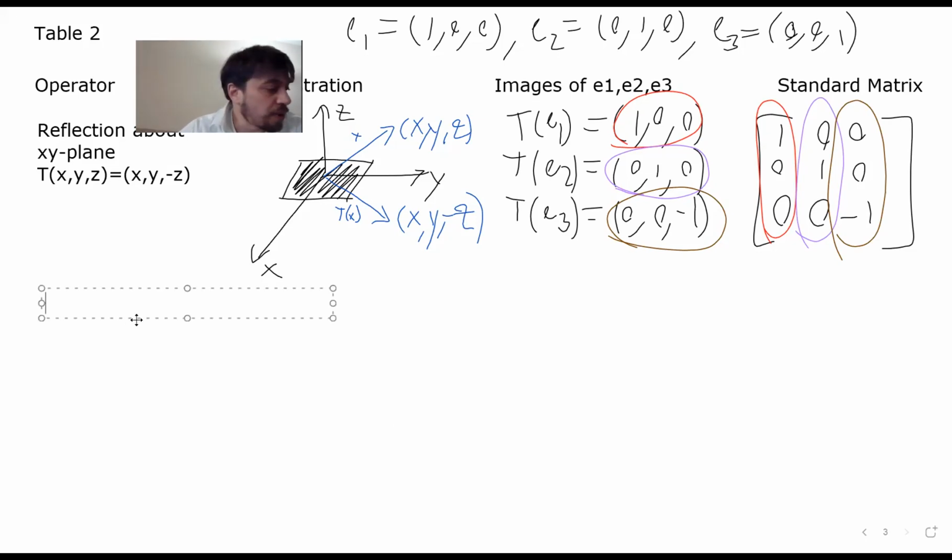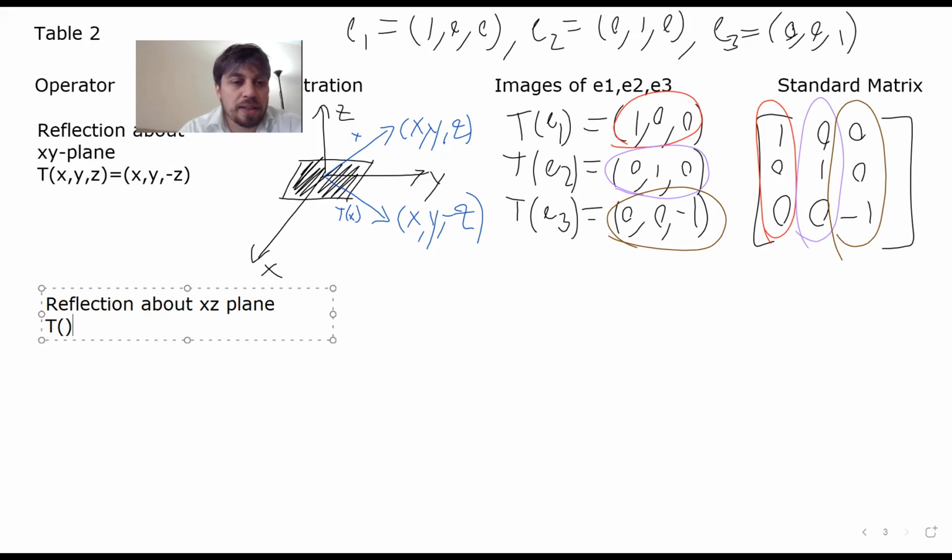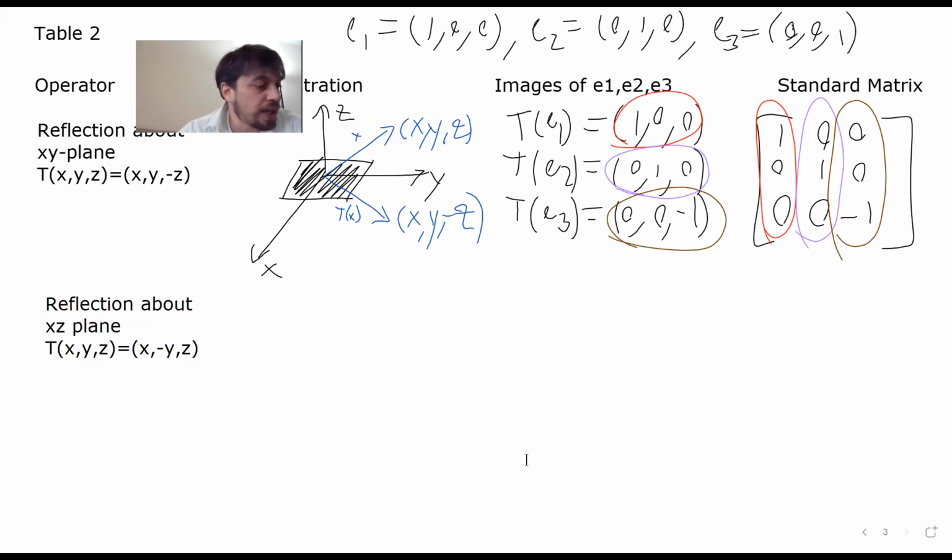Okay, the next operator is a reflection about the xz plane. And that's represented by T of x, y, z equals x, negative y, z. It's a reflection about the xz plane.